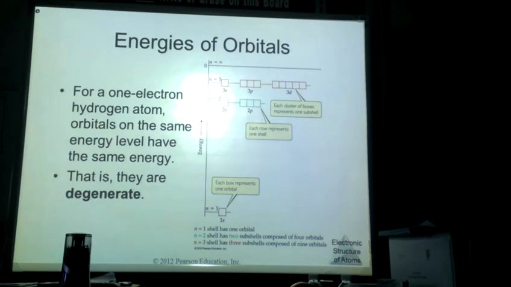So 3s, 3p, 3d are degenerate with one another because they're all on that same energy level. 2s and 2p are degenerate because they're on that same energy level. They're on the same shell.